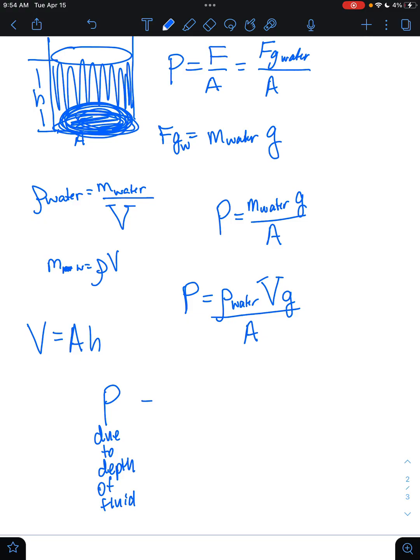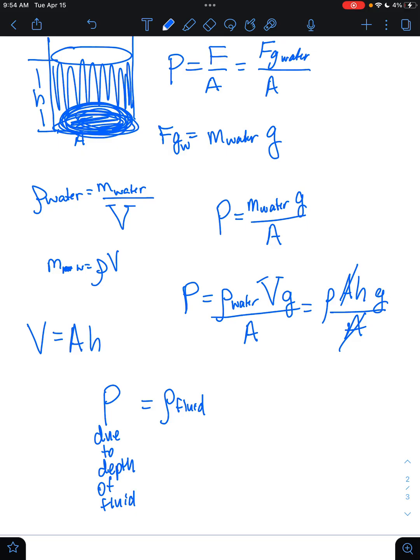And so what we get here is a workable equation: it's the density of the fluid times, replacing V with density equals density times area times height, g over area. There we go.